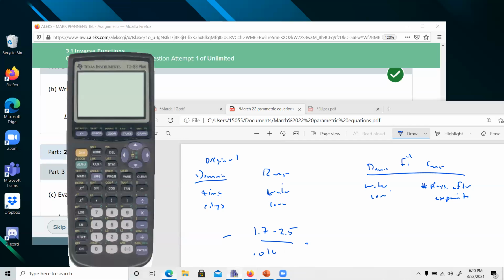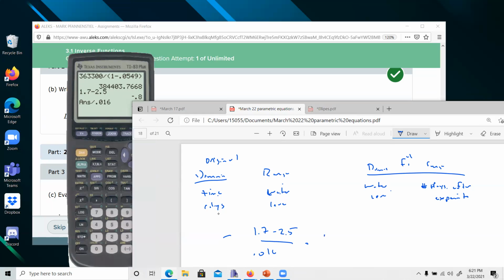Okay. So we have 1.7 minus 2.5 equals, and I know that there's a negative out front, so we can make this positive, divided by 0.016. I should have left the negative down below there. So that's going to be positive because I didn't deal with the negative. Okay, so that's 50. So the domain is when the water level is 1.7.